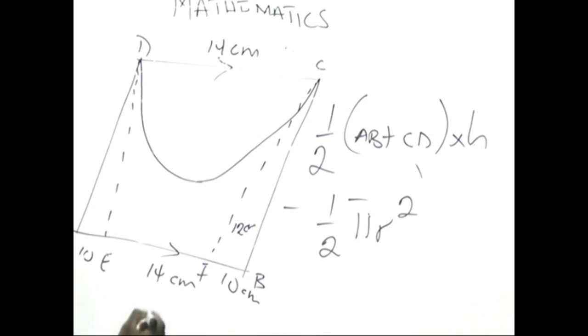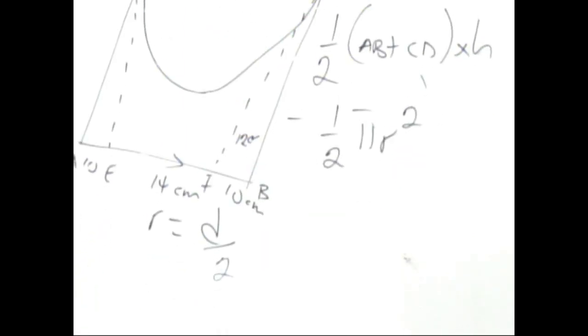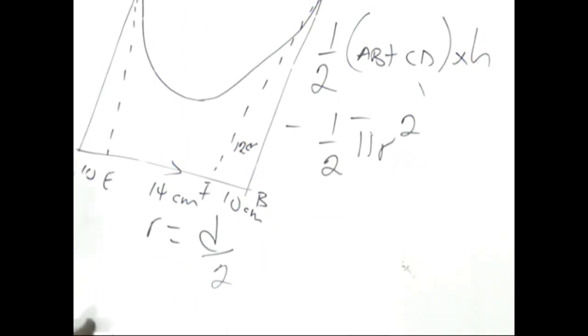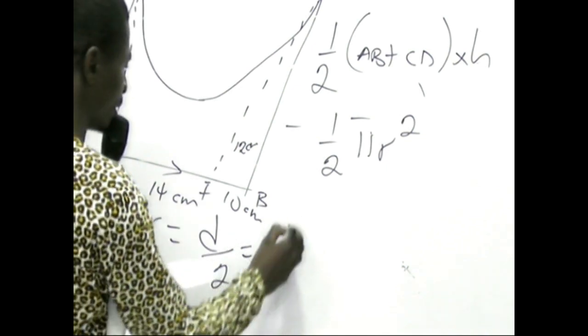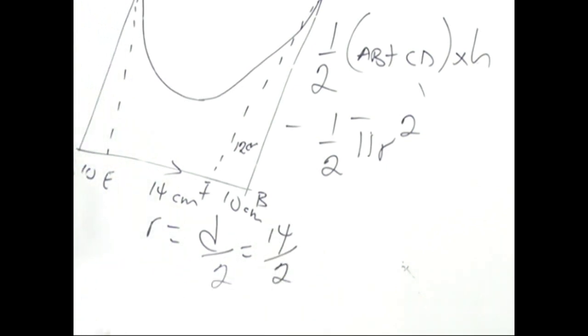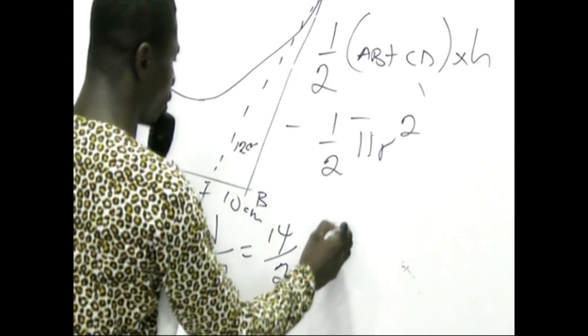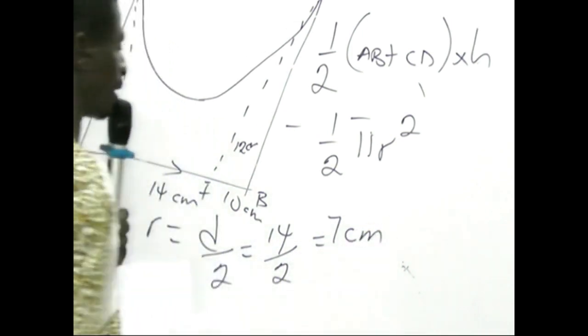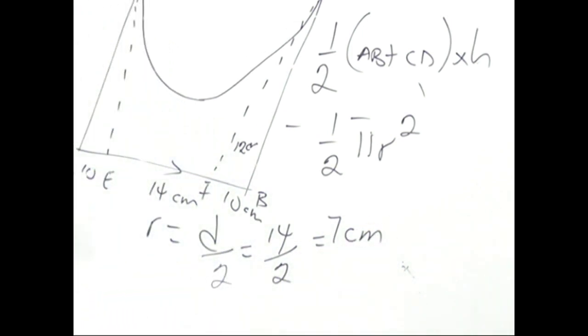But we know that radius is diameter over 2. And so we are going to get 14 divided by 2, and our radius is 7 centimeters.